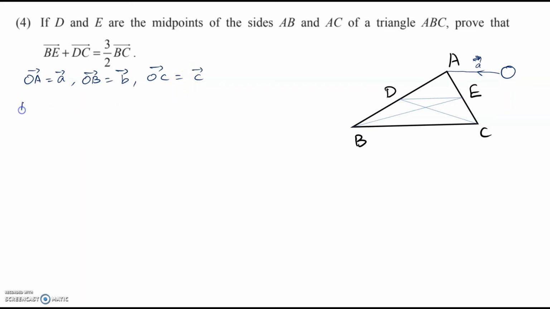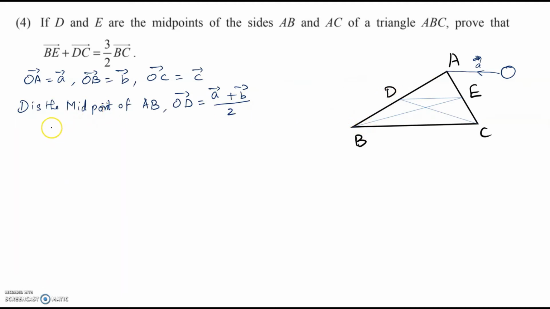Since D is the midpoint of AB, we can say OD vector is equal to, D is the midpoint of AB. So by section theorem, you would say that this OD is equal to OA plus OB divided by 2, which is vector A plus vector B divided by 2, because D is the midpoint and divides AB into 2 equal halves.